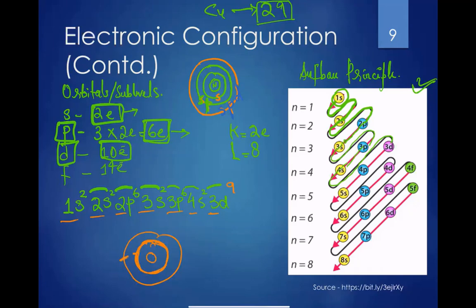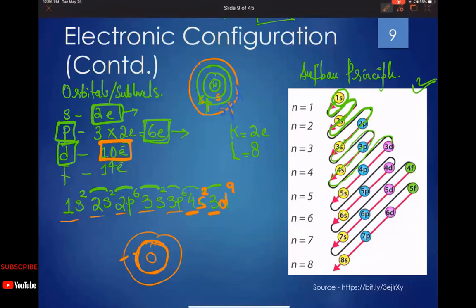So in this 4th level, S has 2 electrons, whereas D has 9, but it needs 1 more electron to complete its orbit, because D can have a total of 10 electrons. So can you guess what is going to happen before it moves to the 4th level? The 3rd level needs to be complete. So how will this work out? Any suggestions here? Yes, folks.